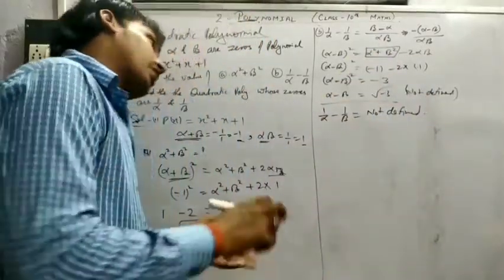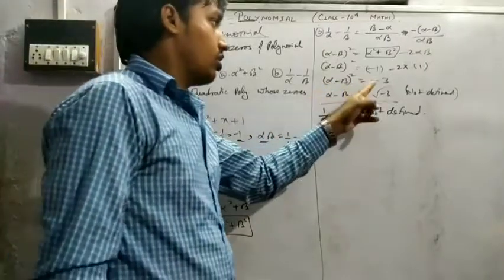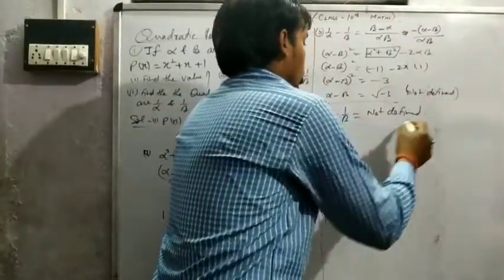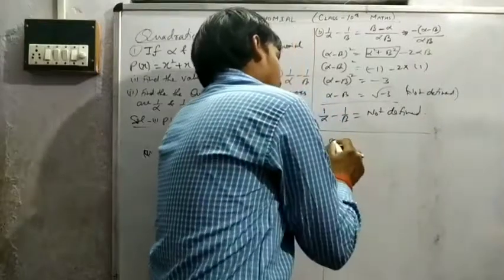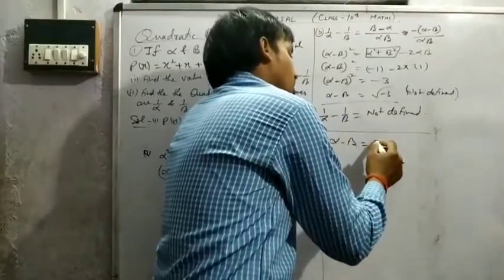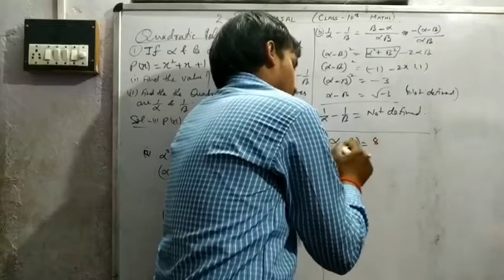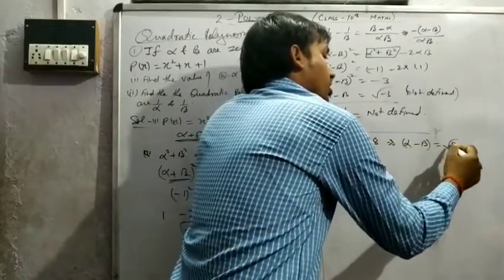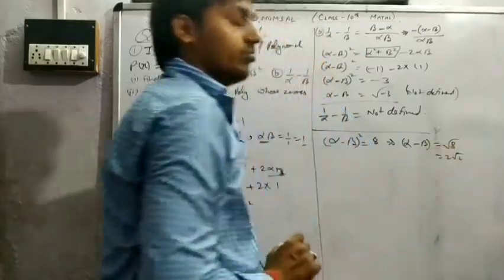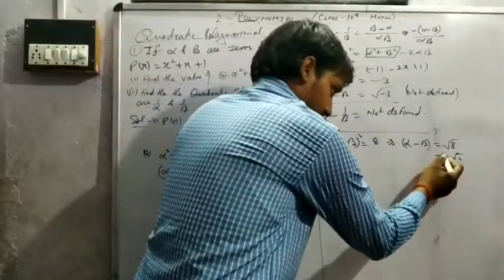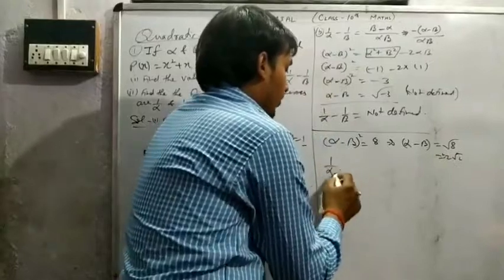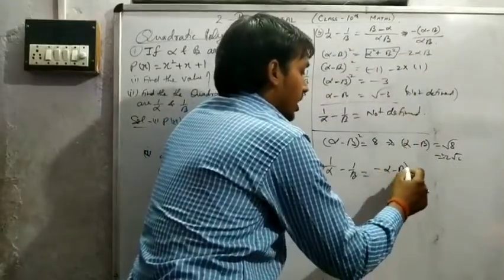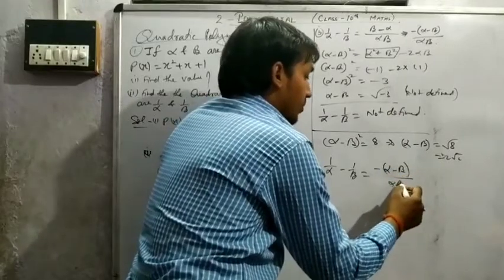But suppose that here you get alpha minus beta whole square is equal to 8. So you get alpha minus beta is equal to root 8, that means plus minus 2 root 2. So 1 upon alpha minus 1 upon beta is minus alpha minus beta upon alpha beta.